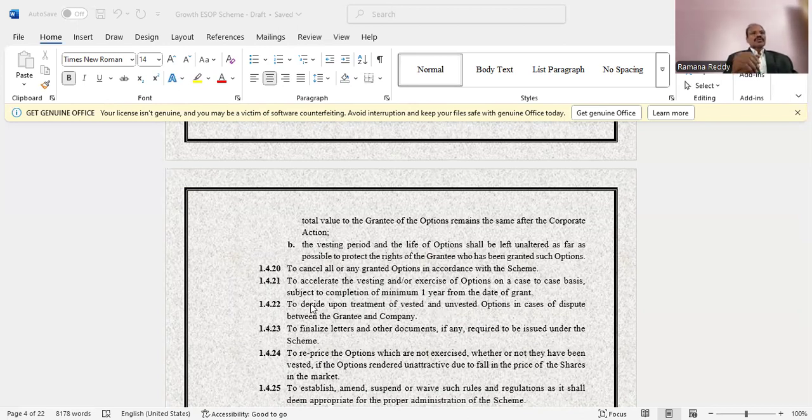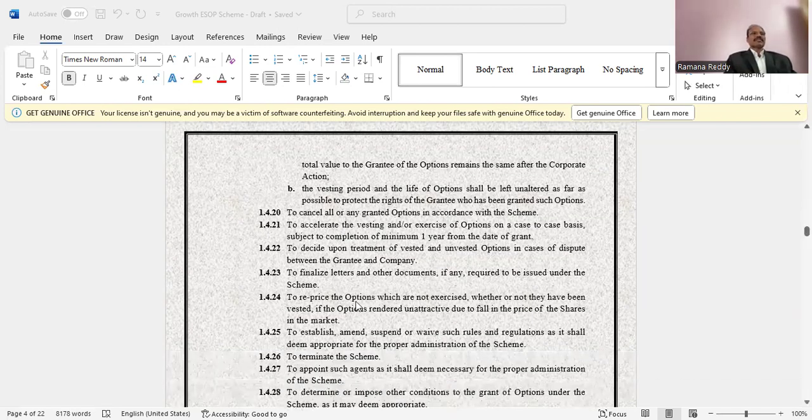And to decide upon the treatment of vested and unvested options in case of dispute between the grantee and the company. So the committee will take a decision to finalize letters and other documents, if any, required to be issued under the scheme. So most of the powers lie with the committee, the NRC, during the implementation, to reprice the options which are not exercised.